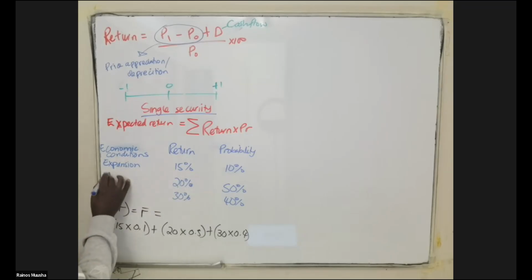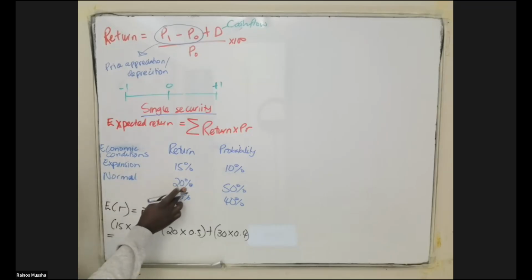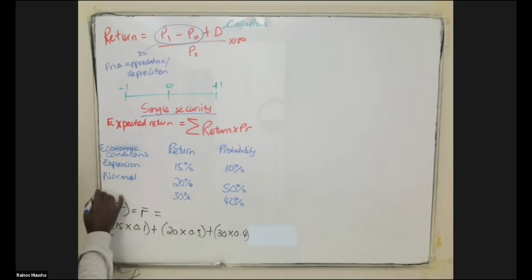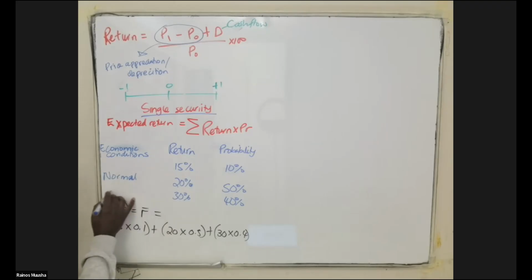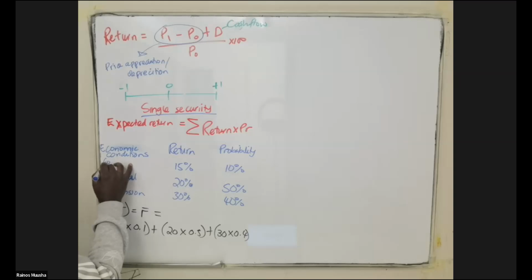If there's going to be a normal economic condition, we're expecting 20% return. And this would be, okay, this would be expansionary because this is the highest amount of return. And this would be contractionary.